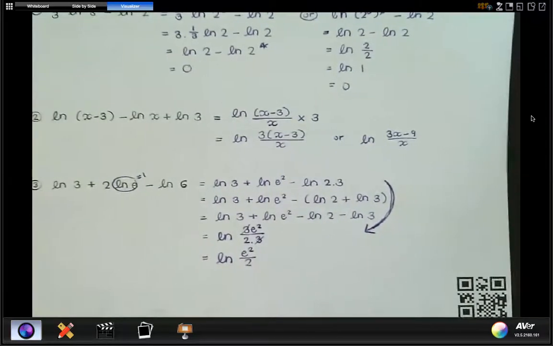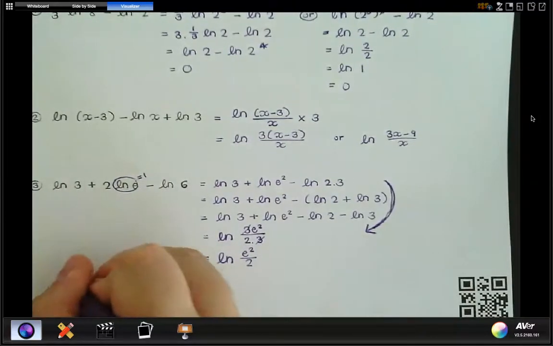There is an exercise on questions like this. There is also an exercise where you need to write exponential equations in log form, and where you have to write log equations in exponential form. I do want you guys to practice those as well. So that would be exercise 14.1.